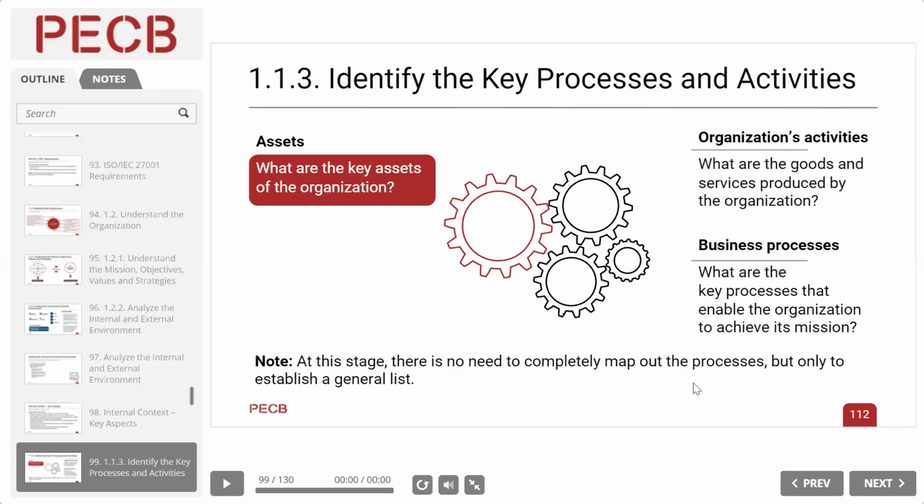The key organizational processes, we need to be able to identify them. Now, the important key is a keyword: we are not looking to do everything. We need to focus on the most important. So maybe our canteen management process will not be key.